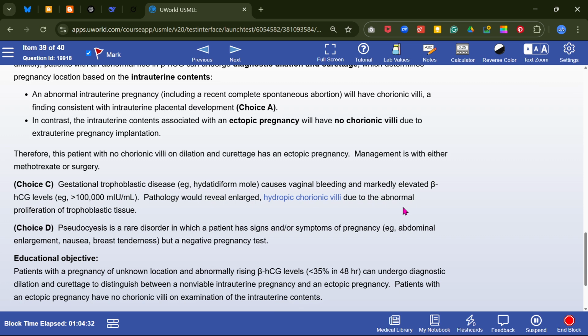So, if we find chorionic villi, then it would be abortion. Okay.